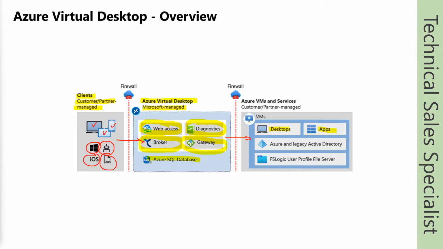In Azure, this SKU is available. In Azure, we have a Windows 10 or Windows 11 multi-session that can be used in Azure Virtual Desktop to provide session virtualization for users on Azure Virtual Desktop target machines.